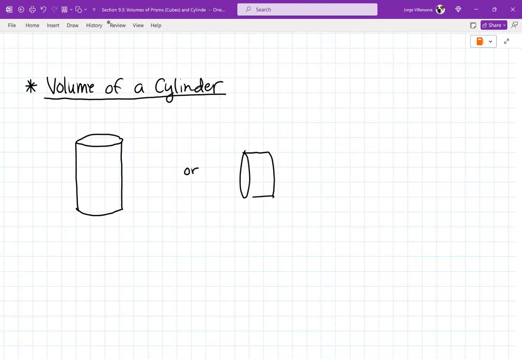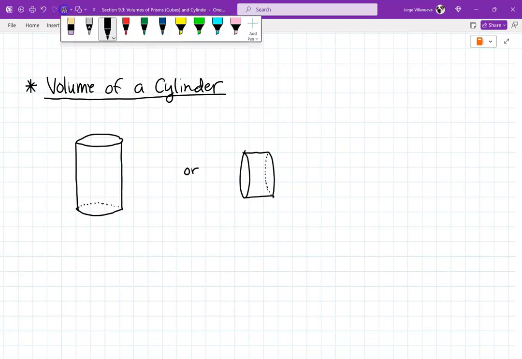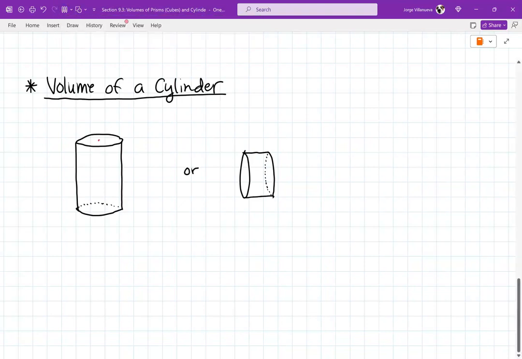It doesn't have to be a long cylinder, it can be a short one. But it's supposed to have a radius that they give you. And that's usually that line right there.